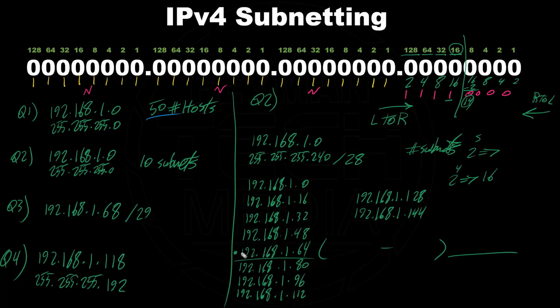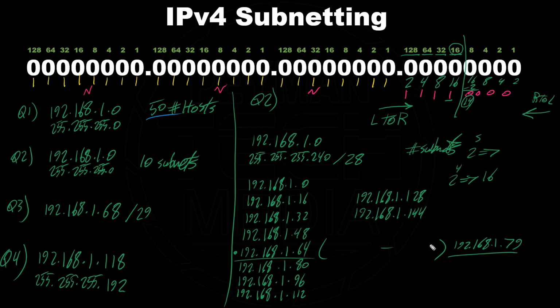So the broadcast for this subnet would be one less than the next subnet. So if the next subnet is 1.80, the broadcast should be 1.79. So 192.168.1.79. Now 64 is the network address, 79 is the broadcast address.